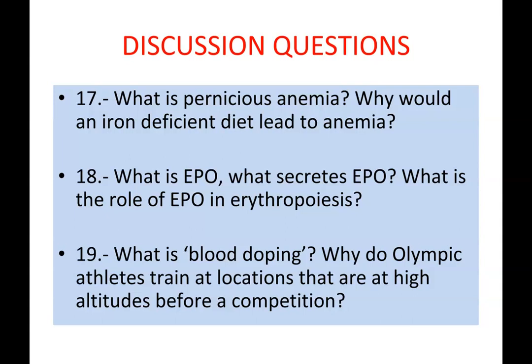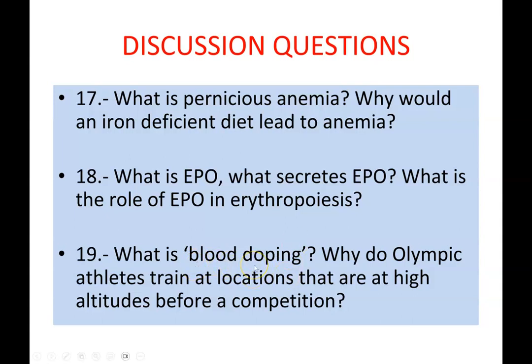And then why would an iron deficiency diet lead to anemia? It's because you don't have the iron for the hemoglobin. You should know what EPO is, which organ secretes EPO, and what is the specific role of EPO in erythropoiesis, which would be to increase erythroblast production and increase the maturation of red blood cells.